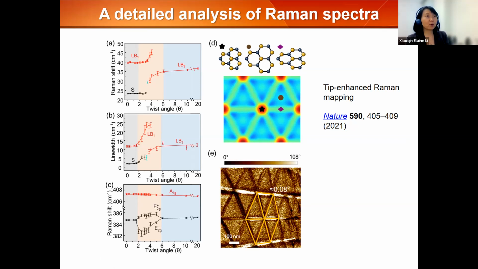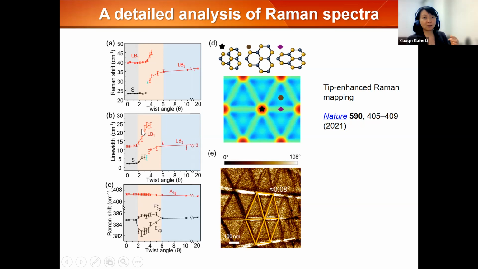That's the way we infer the lattice reconstruction as well. It's really amazing that the Raman spectra are very sensitive. Even though, here below the 2 degree, 2.5 degree, the Raman doesn't move because there's no atomic alignment change. Although the Moiré supercell is changing, the atomic alignment is not changing, so it doesn't move.